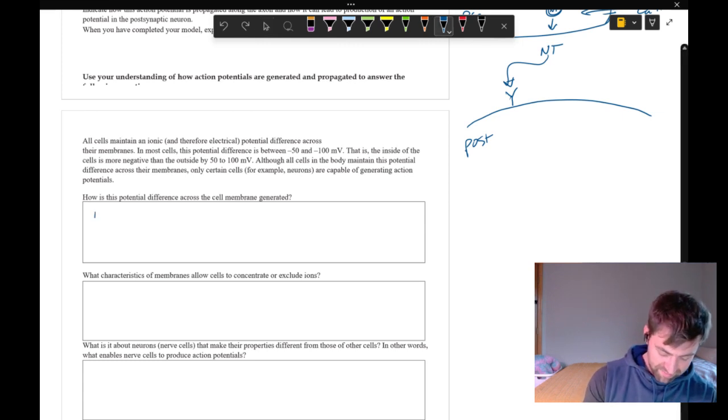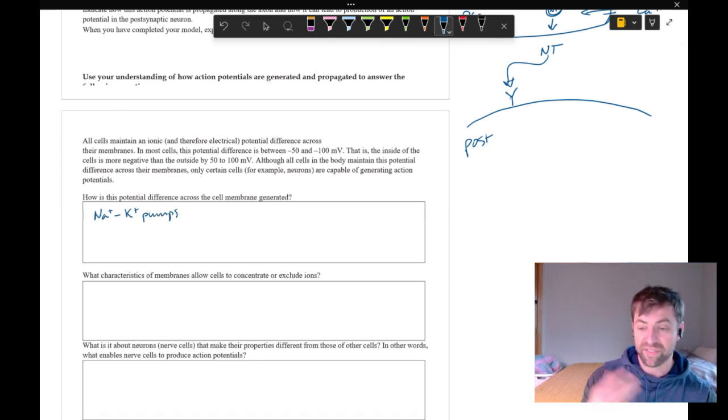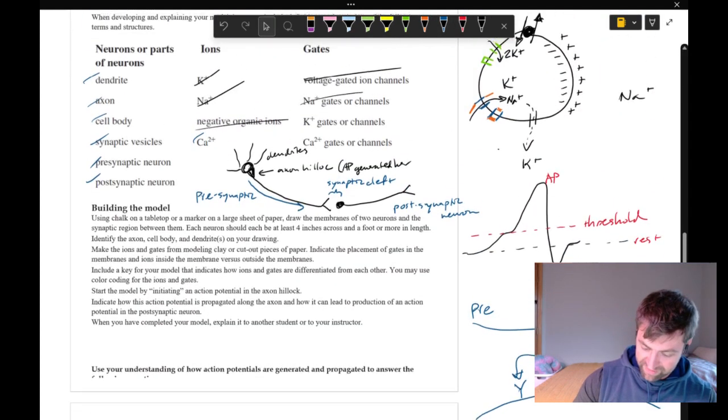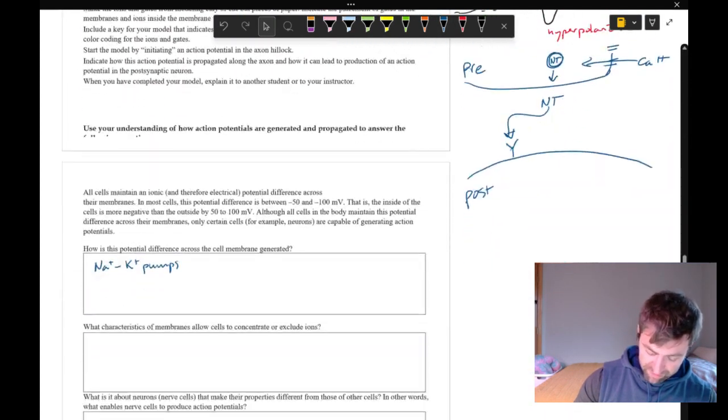How is this potential difference across the cell membrane generated? And this is sodium potassium pumps, or sodium potassium ATPase, if you want to get really specific. And they pump, I drew it up here, 3 sodium out, 2 potassium in.